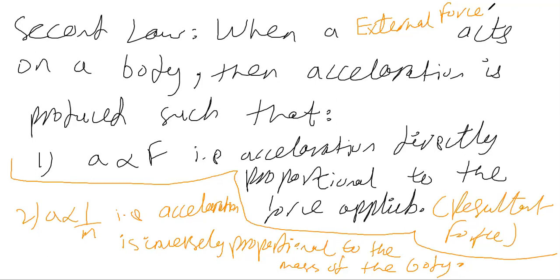So your hand is producing external force, and the box is moving because acceleration is produced. In this case, the external force is produced by your hand and the body is the box. This movement is due to acceleration. So the second law says that when an external force acts on a body, acceleration is produced.